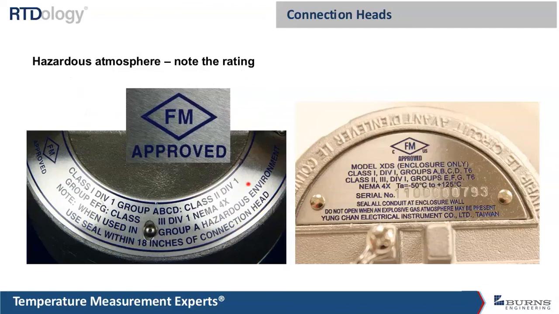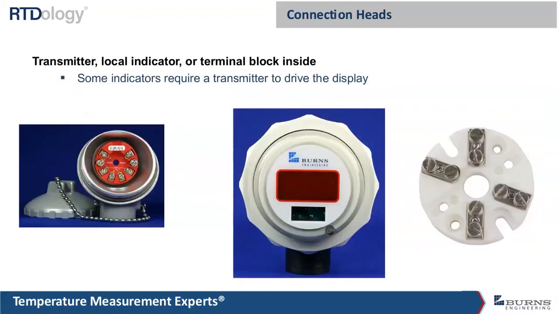This would be a Class 1, Division 1, Group A, B, C, D. So that just means that it could be used in a like acetylene atmosphere, which is the most explosive. This one's got, let's see, this would be FM, Canada, and US. So if you're not sure what all this means, you know, send a photo. We can help identify it.